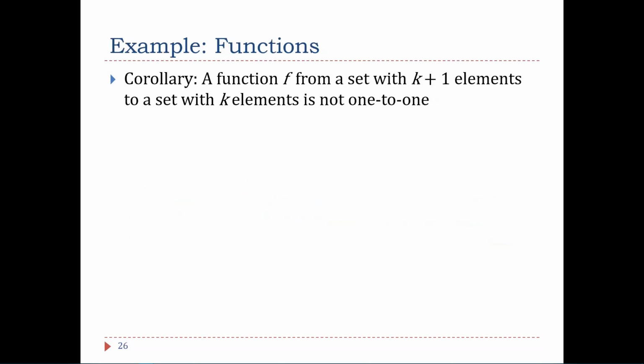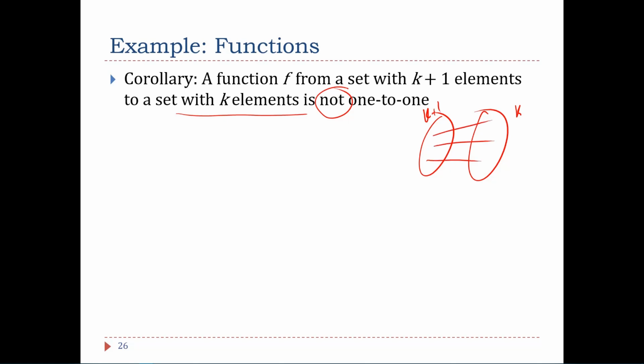Okay. A corollary of this, we can prove that a function f from a set with K plus one elements to a set with K elements cannot be one-to-one. Okay, so do you see it? If you have K plus one elements here, and you have K elements there, no way you can make it a function and injective at the same time.